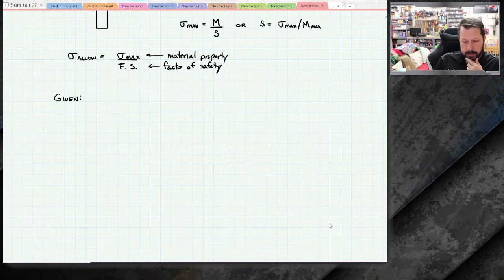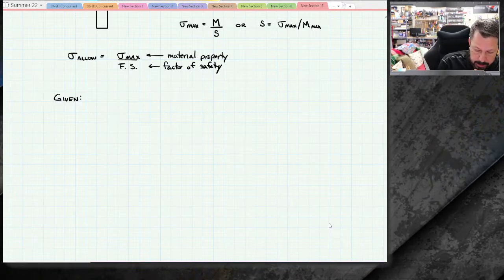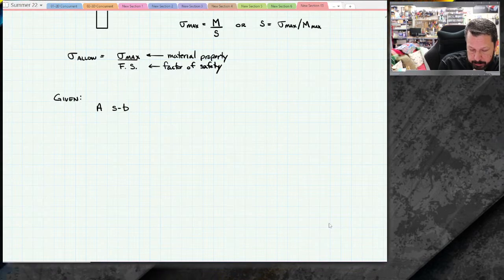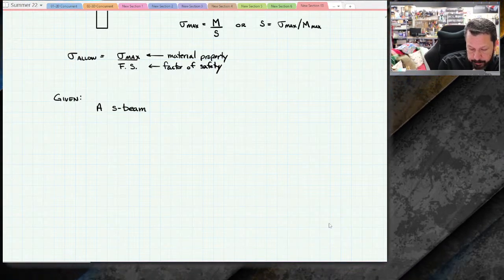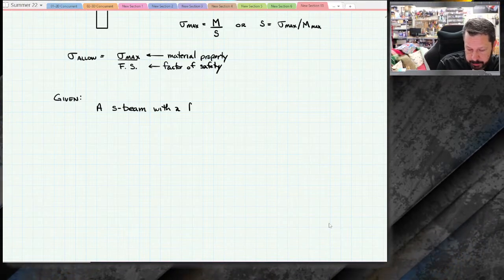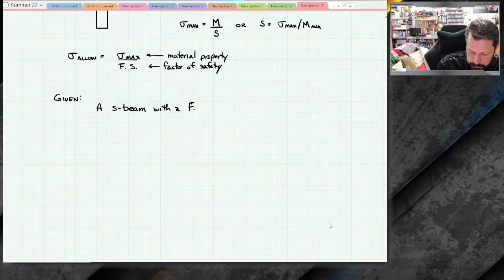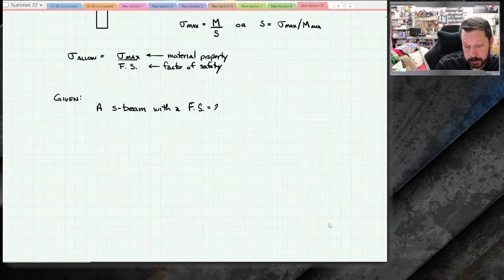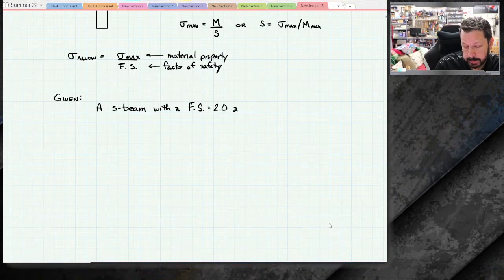Let's say that we have an S beam, so we don't know which one, with a factor of safety, I'm just going to do this, factor of safety equals 2 against yielding.